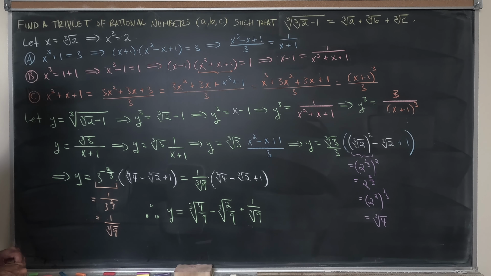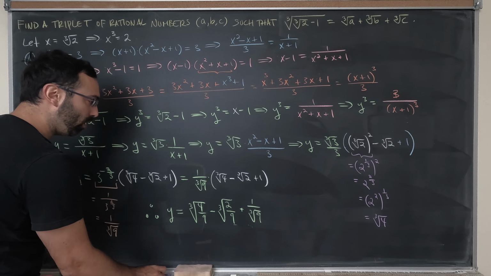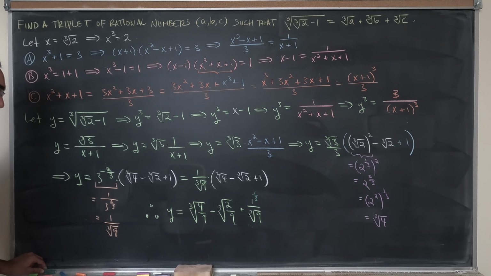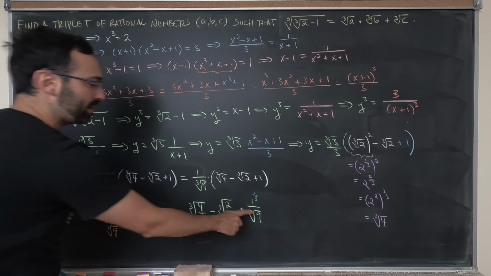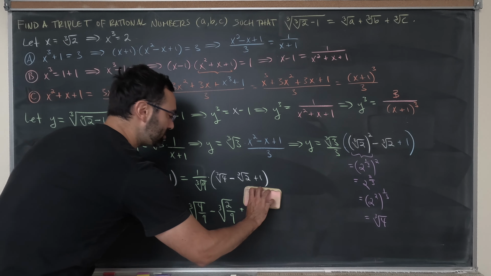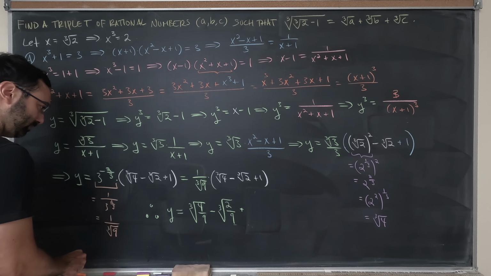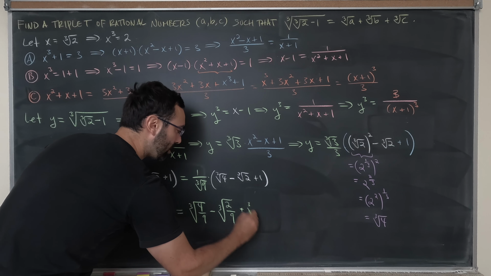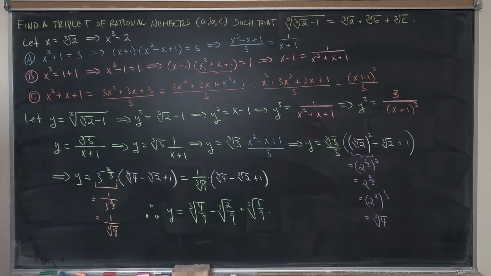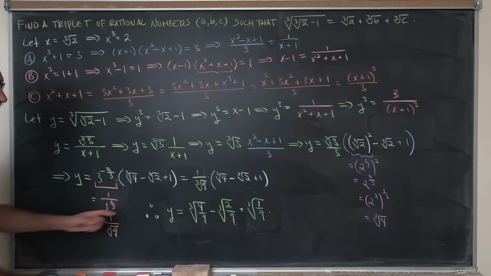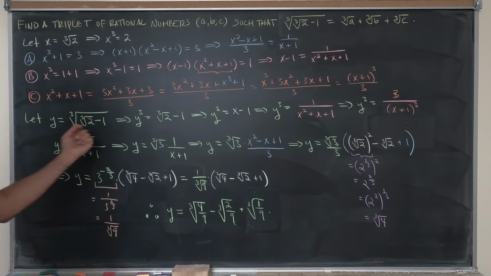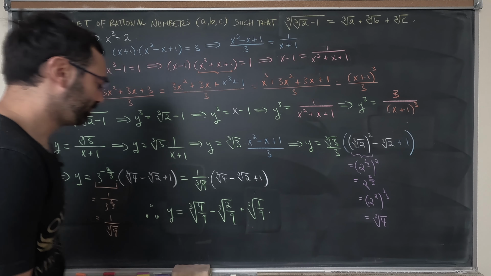However, we can imagine that this 1 is 1 to the power of a third divided by 9 to the power of a third. So this is just the same thing as the cube root of 1/9. But of course, y was nothing more than the left-hand side of our equation.